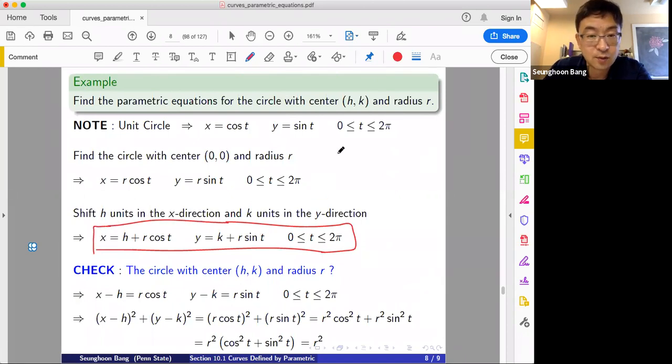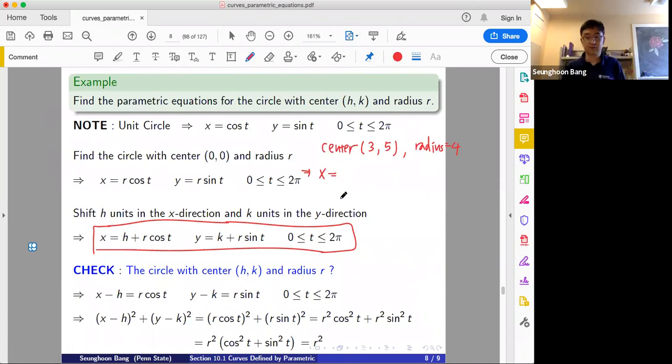So one example. I'm going to find the parametric equations of the circle with center (3, 5) and radius 4. What is x? Could you write your answer on the chatting board? What is x? And what is y?